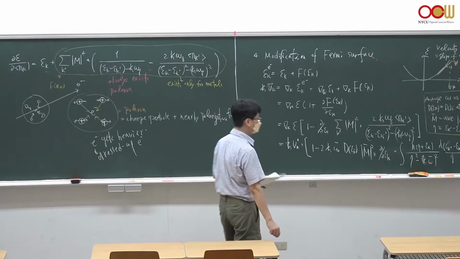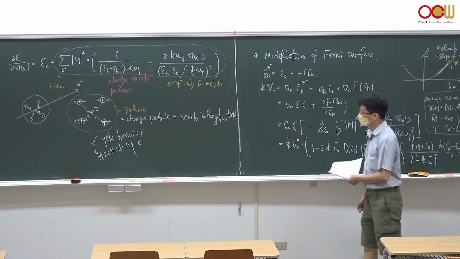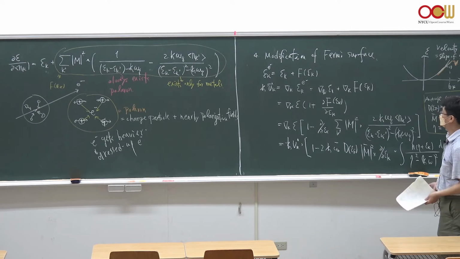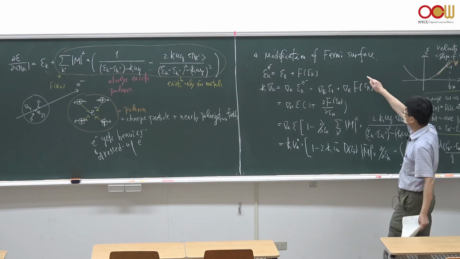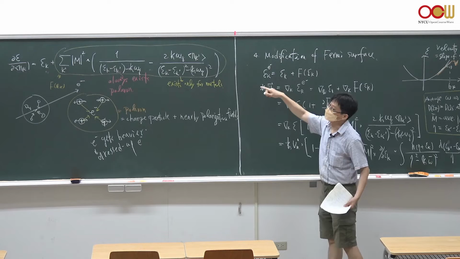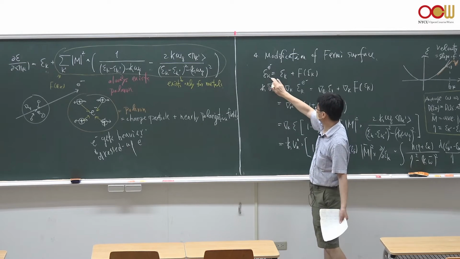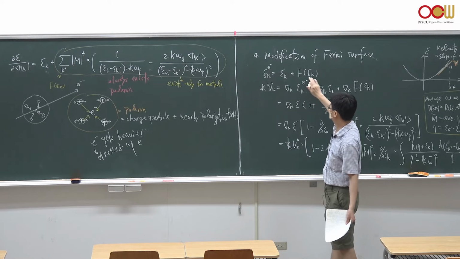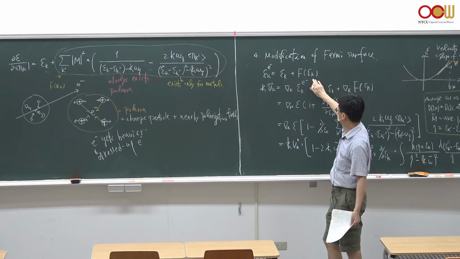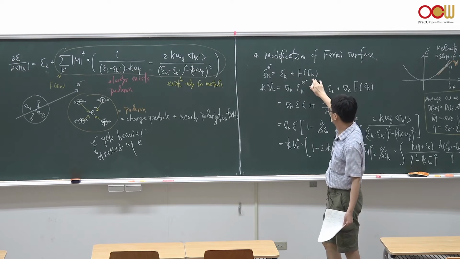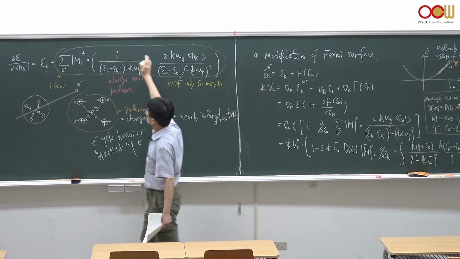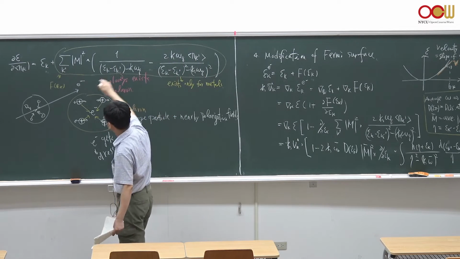So let us look at the consequence of these polarons, or dressed electrons, by looking at the modification of the Fermi surface and the electron dispersion. The electron dispersion is given by the non-interacting part plus the electron-phonon contribution, which I call f of epsilon k, this messy formula inside the yellow box.